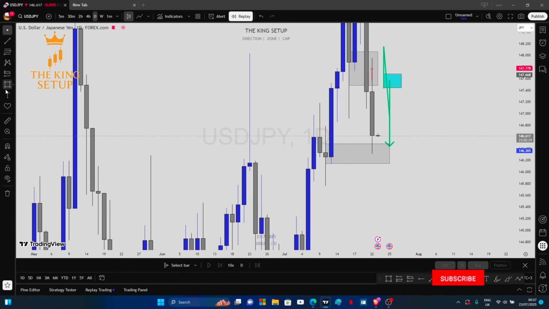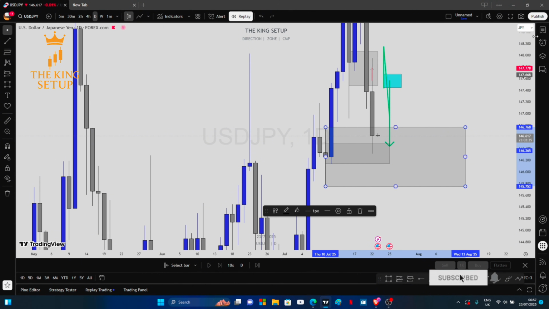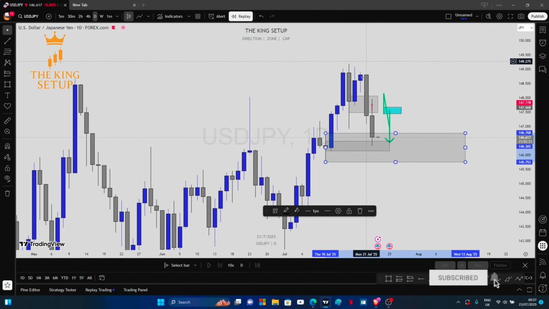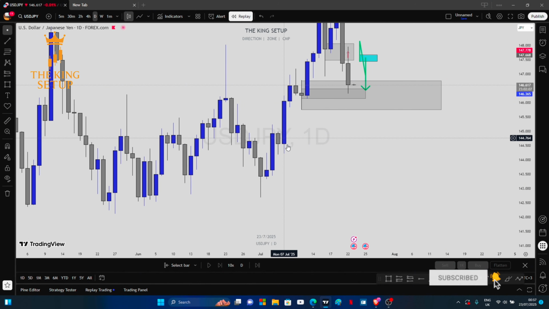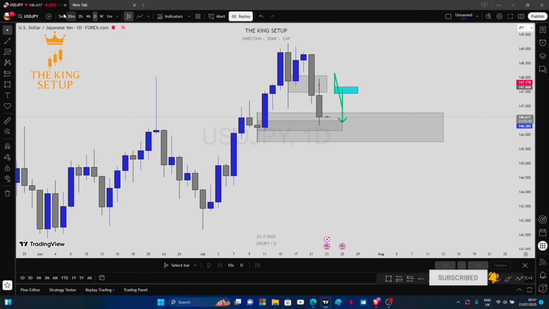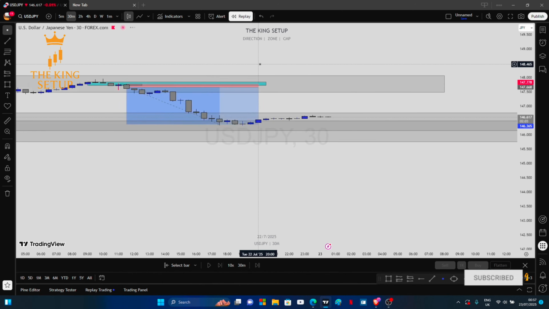So I was sure the price will come to this zone, because we were selling from this daily zone to the next daily zone, because here above this zone we had this engulfing sell. So that's why price was interested to come to this zone. So we can continue to hold if the price breaks the H4 zone and continues down maybe to these zones here. So that's how that trade was executed.